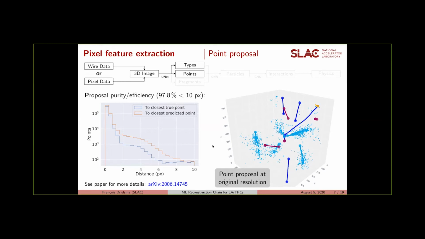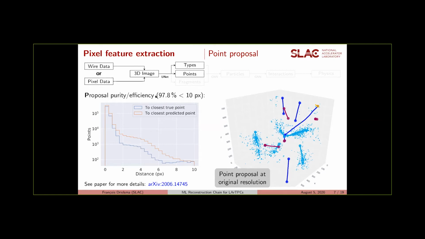What's interesting to see is that if you look at the distance from a label point that you're trying to predict to the closest predicted point by the network, you see this orange histogram on the left. You can see that the distance between those points is typically less than a voxel. So not only does the network give you the correct voxel, it actually tells you where exactly the point lies within a voxel.